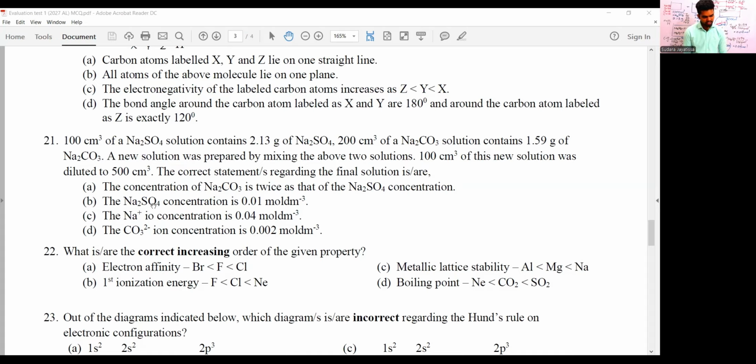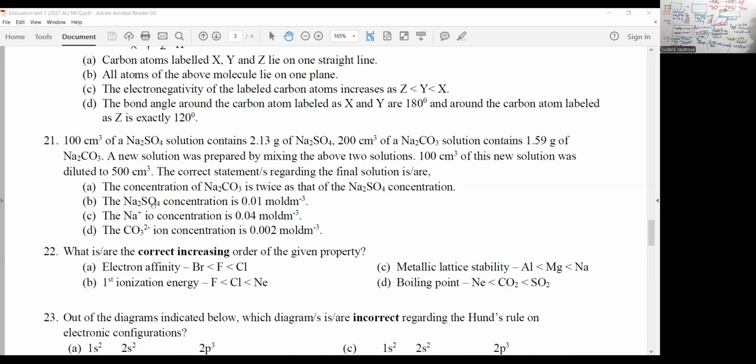And then the second statement, sodium sulfate concentration is 0.01, and that was correct. And in the third statement, statement C, sodium concentration is also correct. It will be 4 times the sodium sulfate concentration. Yes, it's true. And then the last statement, carbonate concentration is 0.02, it's wrong.